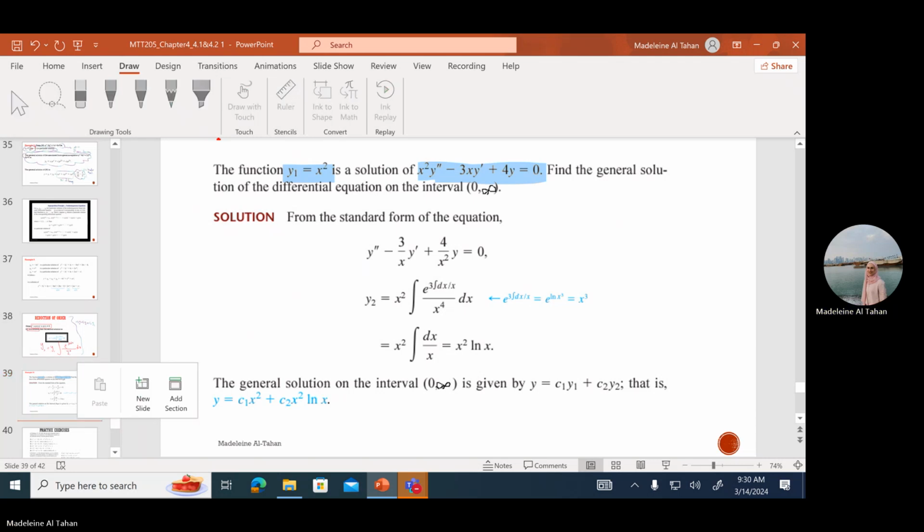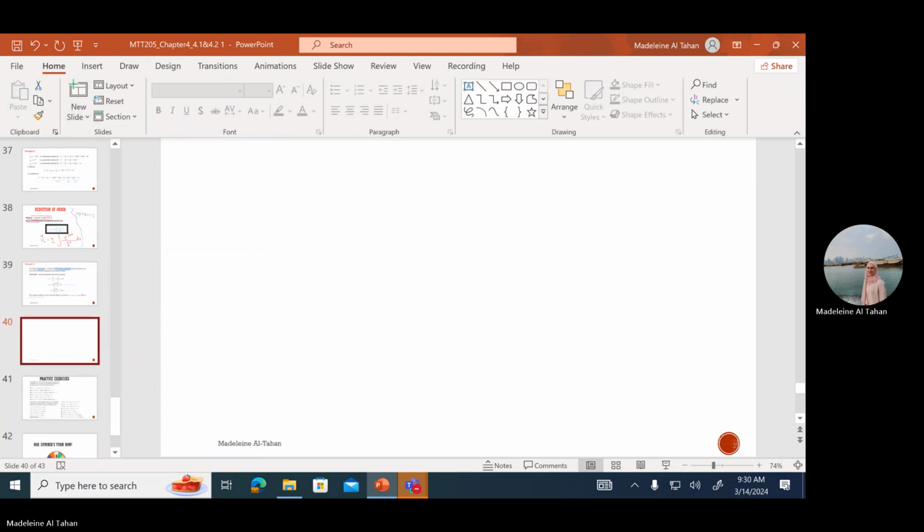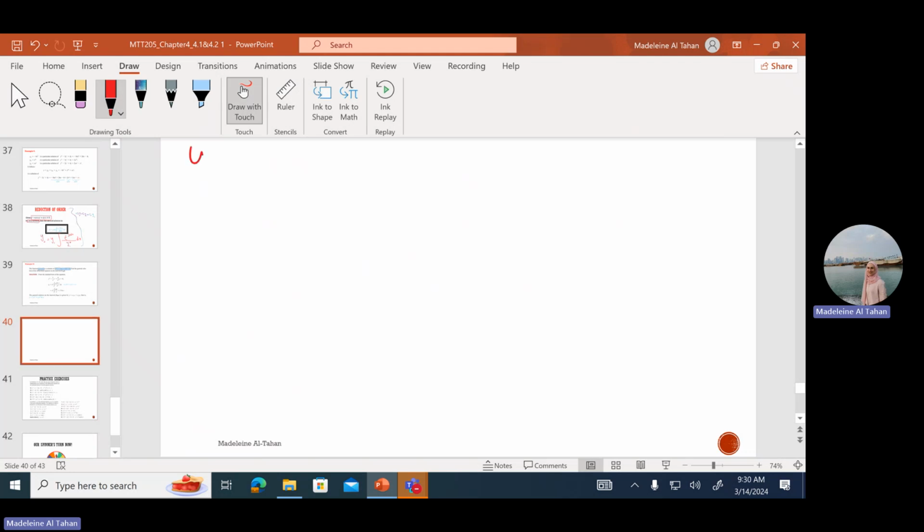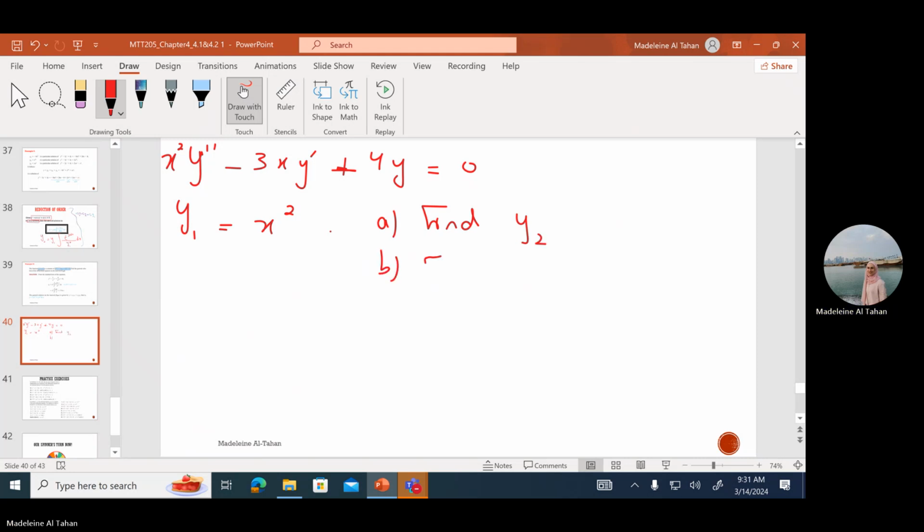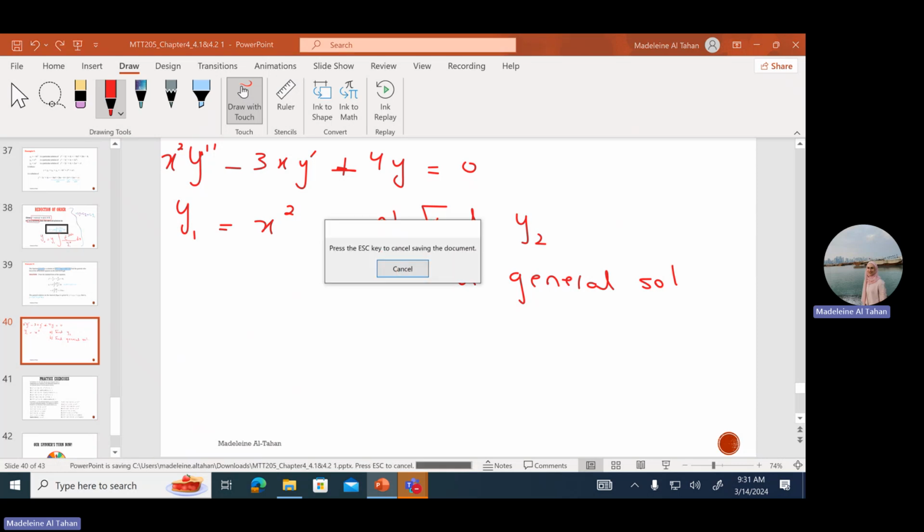Let's write the equation: x squared y double prime minus 3xy prime plus 4y equals 0. y1 is given as x squared. Find the second solution. Find the general solution. Of course, it's second order, so the general solution will be C1 times y1 plus C2 times y2.